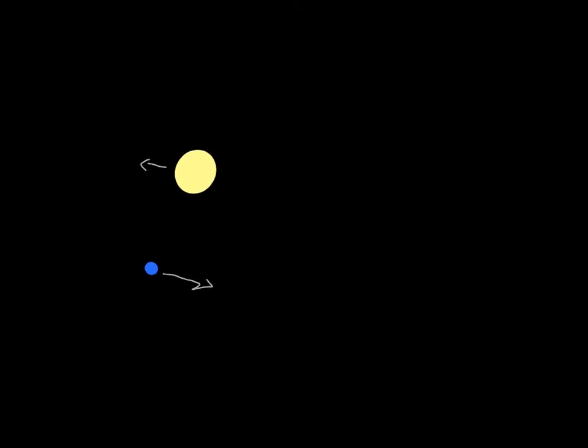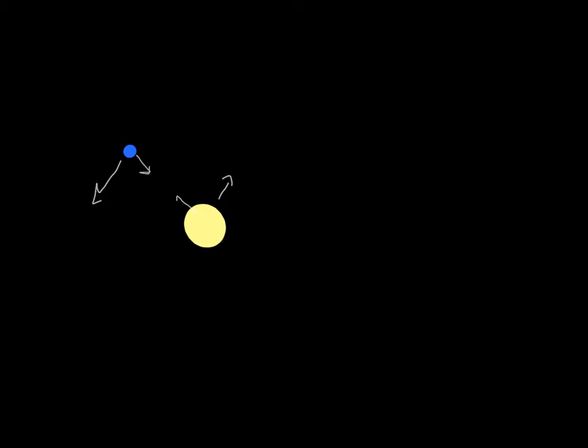So the notion is that there's a force on the planet due to the star that points toward the star, and at the same time, there's a force on the star due to the planet that points toward the planet. And Newton claimed that these two forces were going to be equal and opposite.